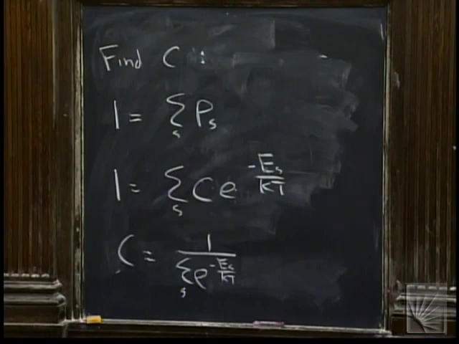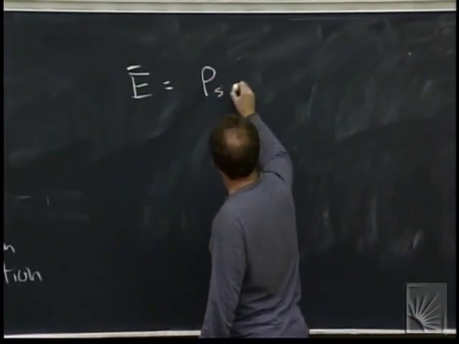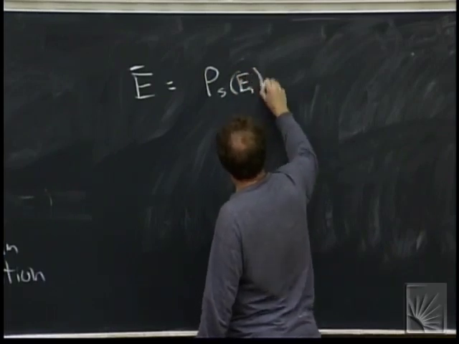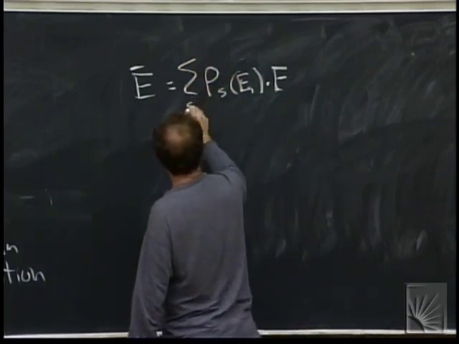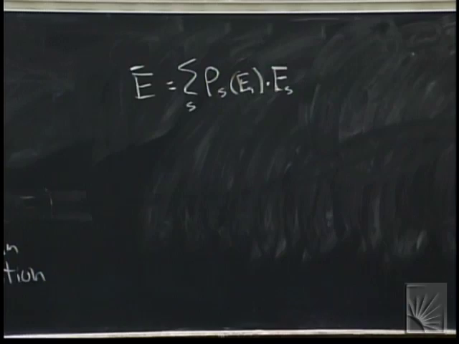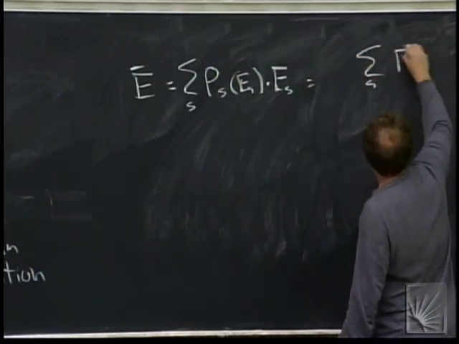The average energy is the probability of some state times the energy of that state, summed over all the states. That's all it is.